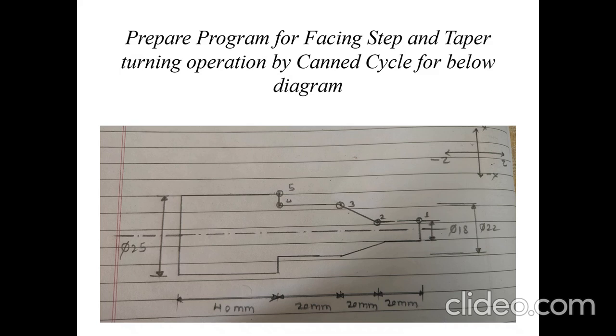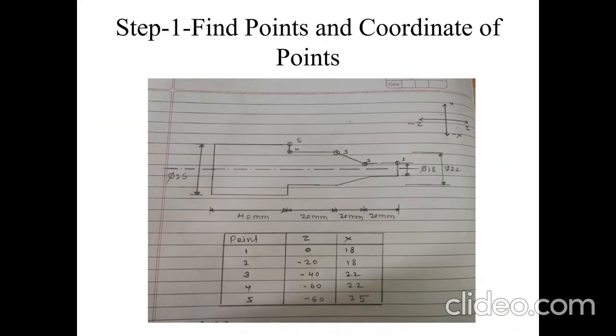After that we have to find the points and coordinates of the axis. The first step is to find the points and the coordinates of the points. Here we have given five points: point 1, point 2, point 3, point 4 and point 5. By using this axis identification we can find the coordinates of all points.